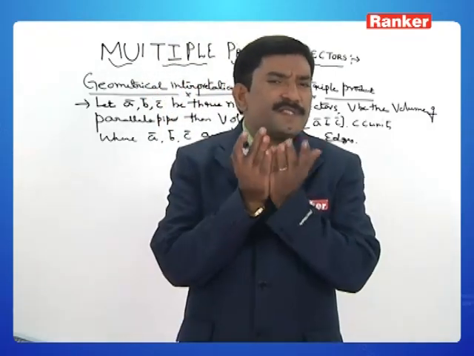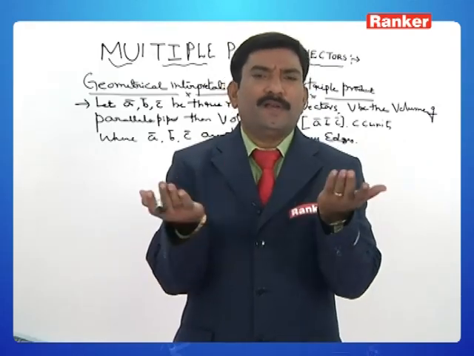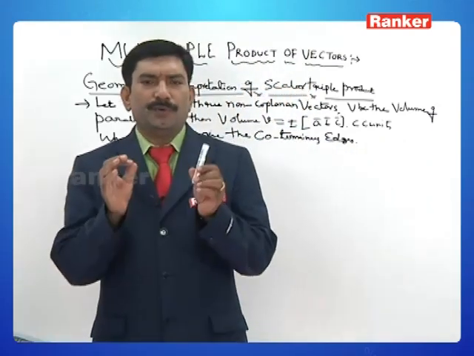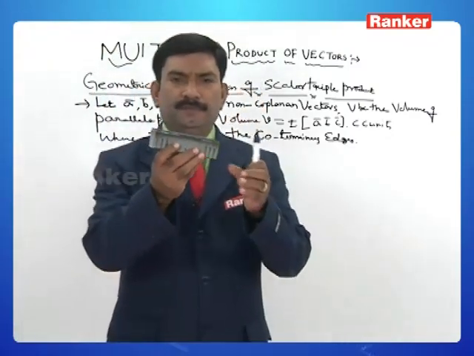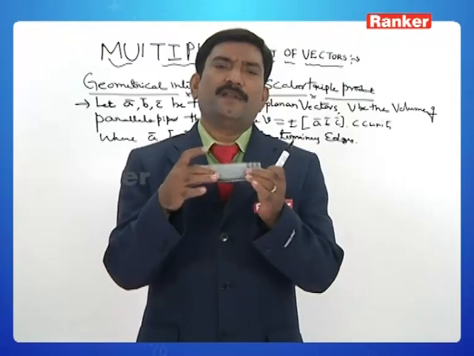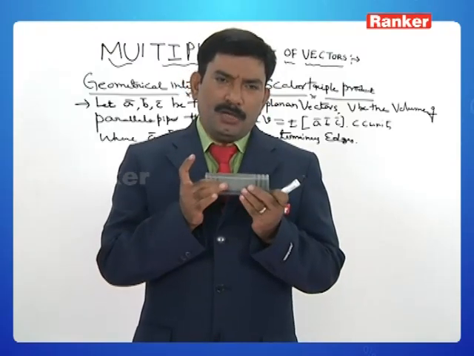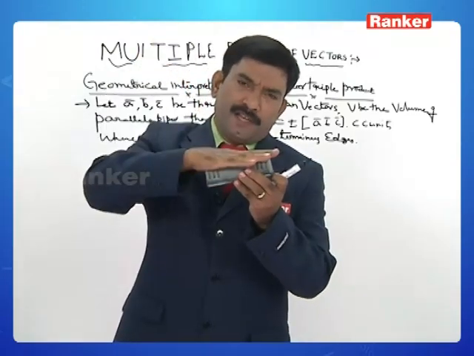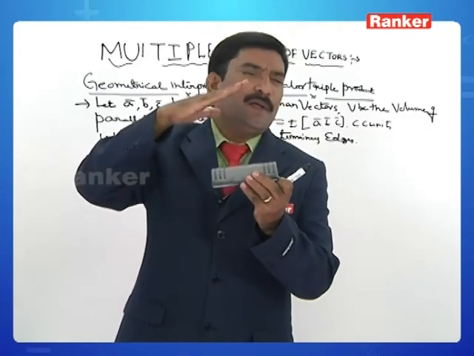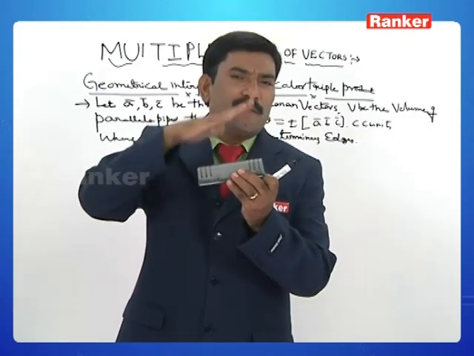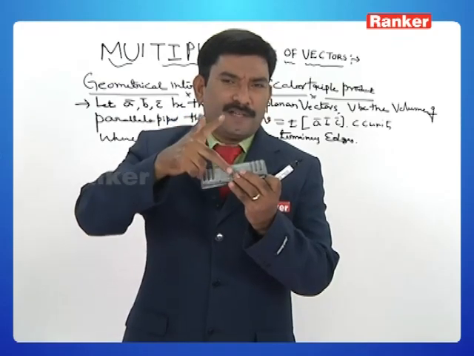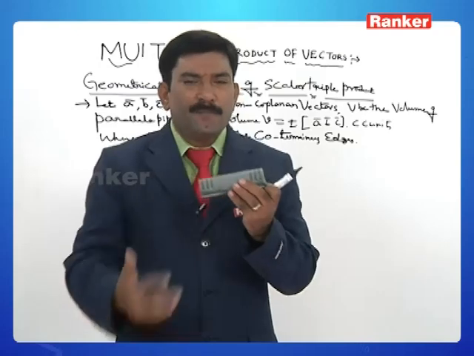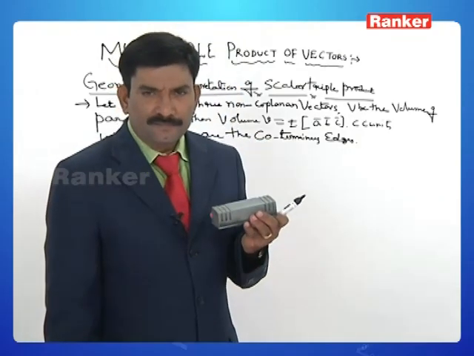What is a parallelepiped? What is the difference between a cube and a parallelepiped? You take a duster, a rectangular box. If you apply some weight or some force on a rectangular box, every face of the rectangle will turn into a parallelogram.